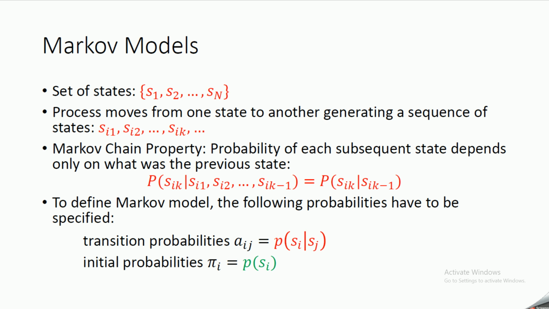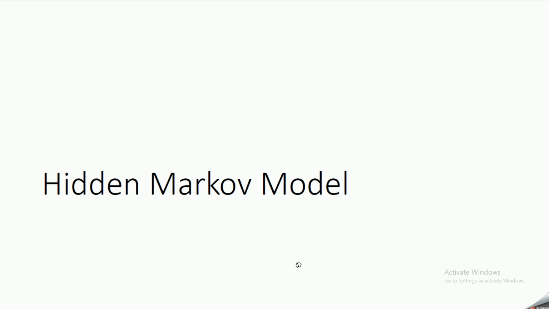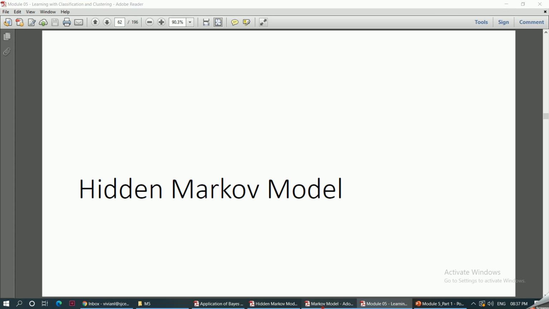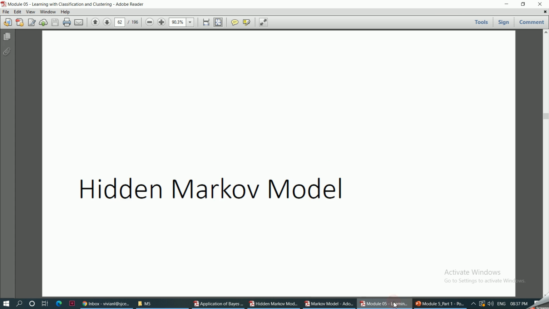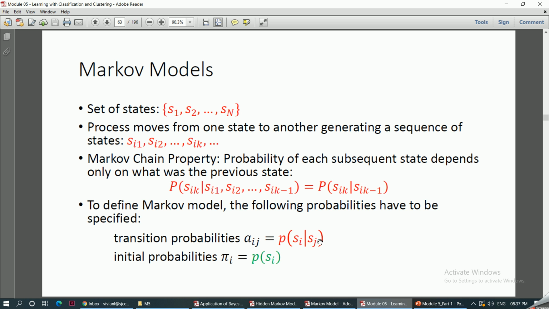Now, coming to the next part, you have got your hidden Markov model. But before understanding the hidden Markov model, it is important for you to study what a Markov model is. A Markov model is nothing but a set of states.